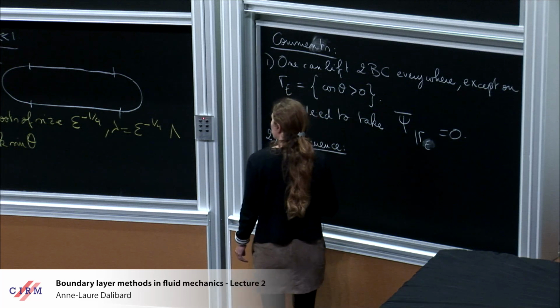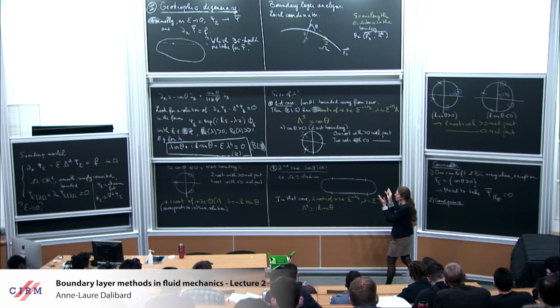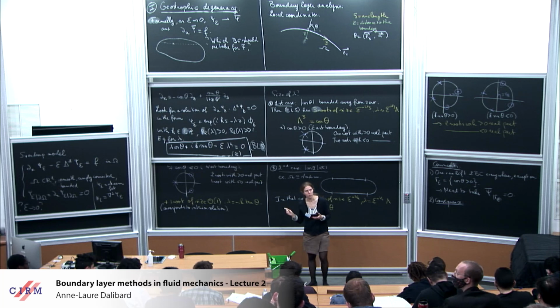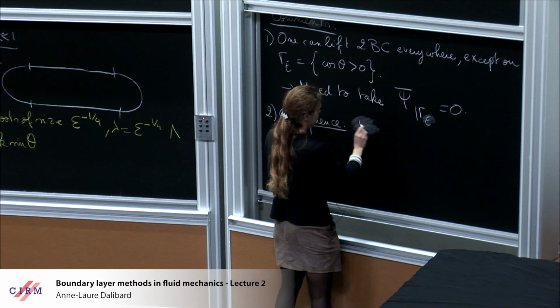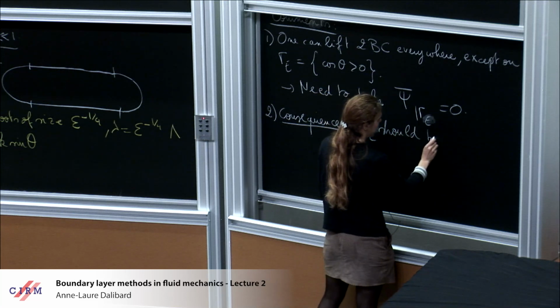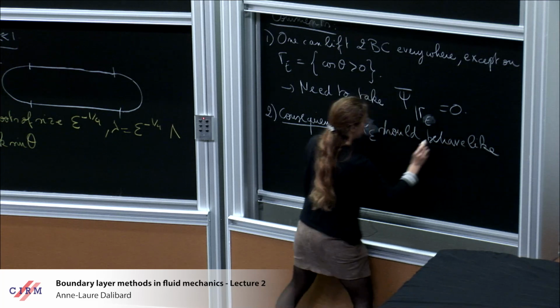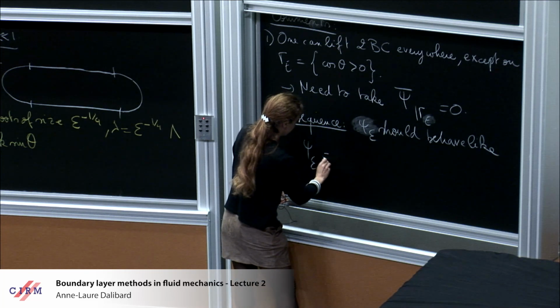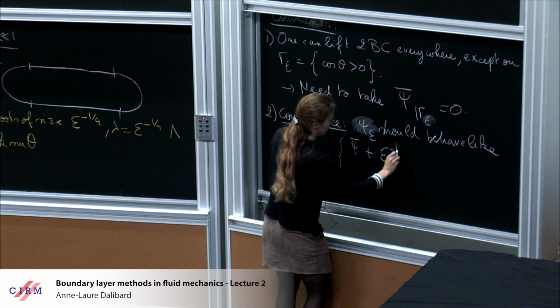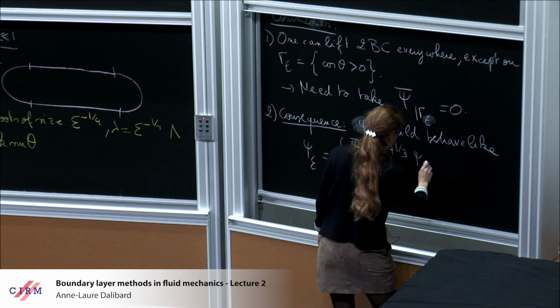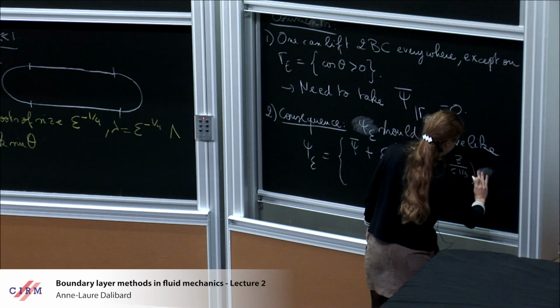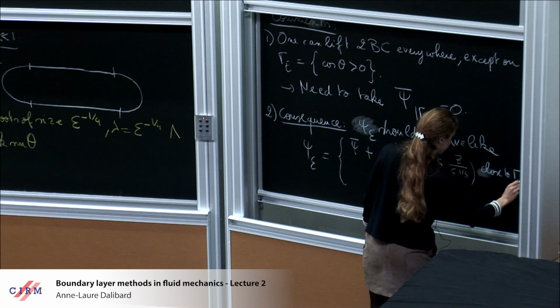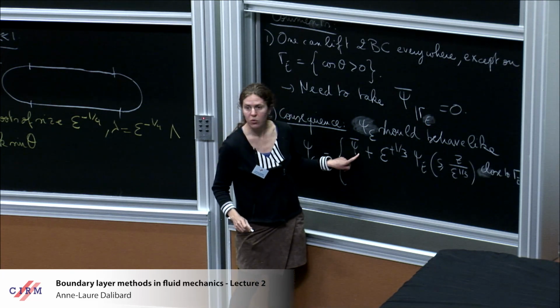is that, okay, if you look at your solution, so if you believe, at least formally, in this analysis and that you use it to construct an approximate solution for your equation, so the approximate solution, psi epsilon, should behave like, say, psi epsilon equals psi bar plus something epsilon to the 1/3 psi east of s z over epsilon to the 1/3 close to gamma E. Okay, so this one is designed to correct the trace of the normal derivative of that one.